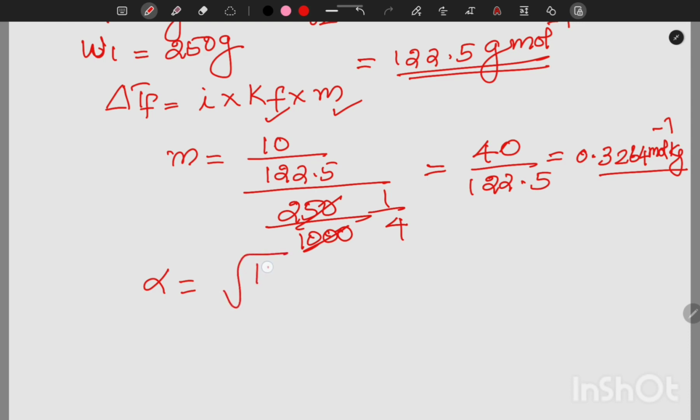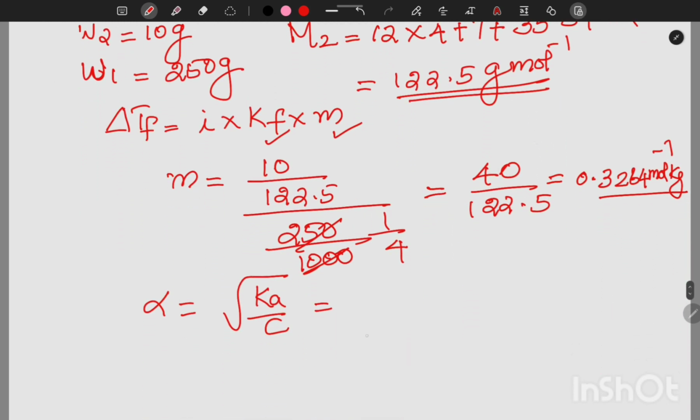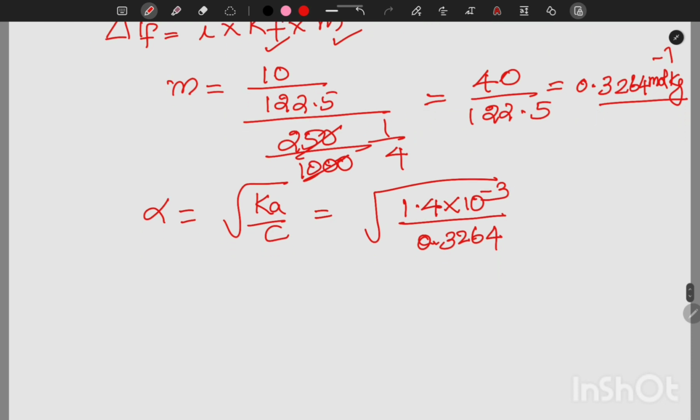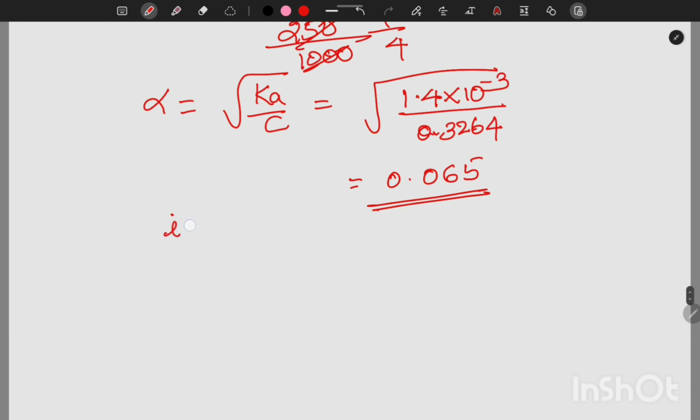Alpha is equal to root of Ka by C. The dissociation constant is given in the question as 1.4 into 10 raised to minus 3, divided by, instead of concentration we can take molality as 0.3264. Then we will get the degree of dissociation. When we simplify, we will get the degree of dissociation as 0.065.